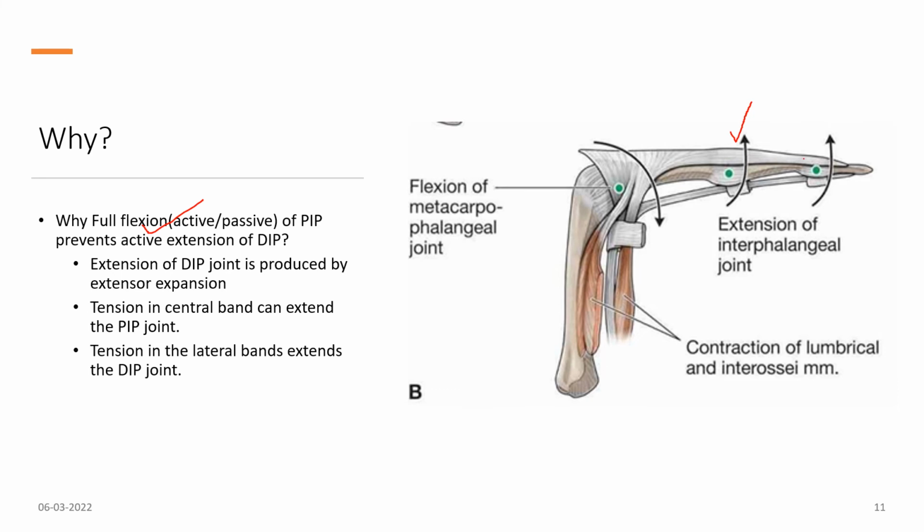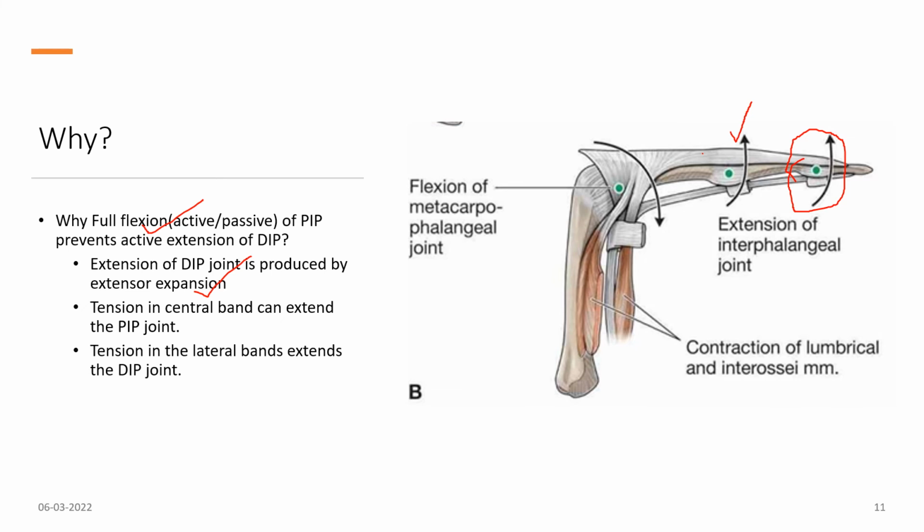Extension of the distal interphalangeal joint is produced by the extensor expansion. Tension in the central band of the extensor expansion can extend the proximal interphalangeal joint, and tension in the lateral bands extends the distal interphalangeal joint.